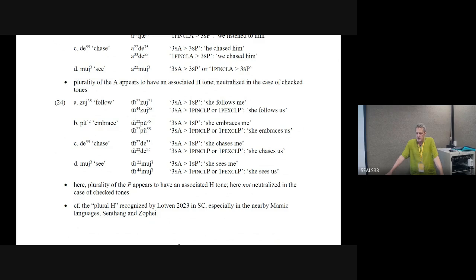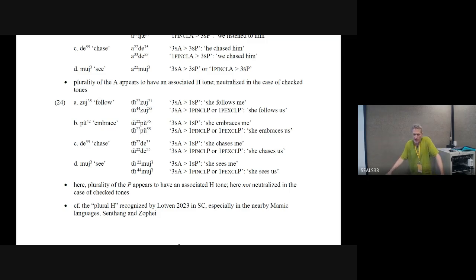But again, where the P participant is plural in these cases, there appears to be an associated high tone, and it induces a high level tone on all of these different verb types. And in the case of the rising tone and the checked tone, it also has higher tone associated with the prefix.